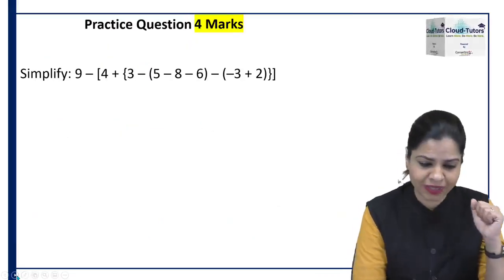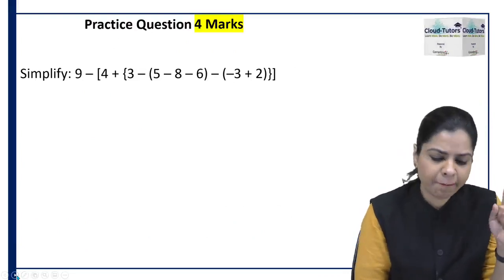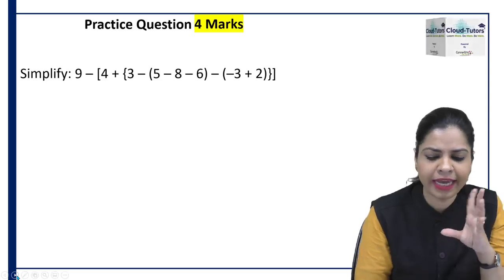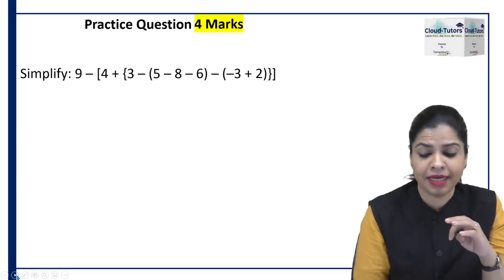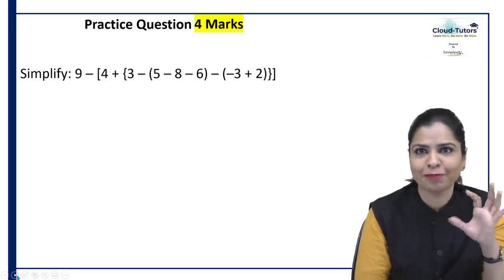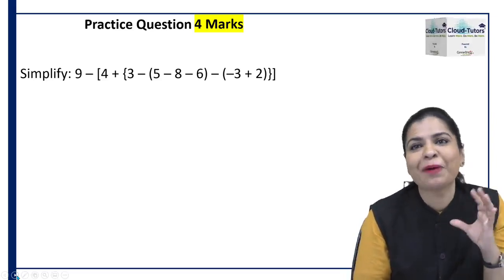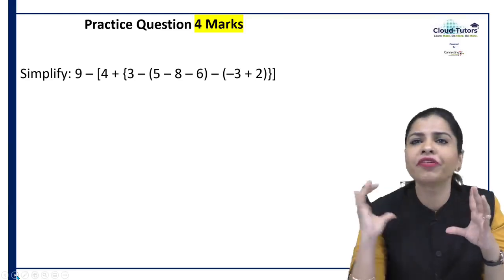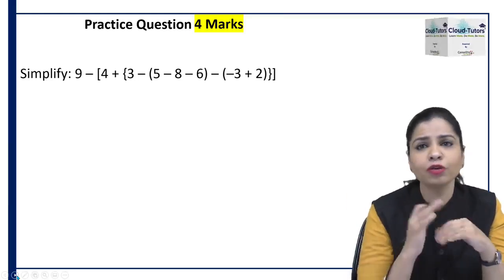Moving on to the next question. 9 minus 4 plus 3 minus 5 minus 8 minus 6 minus 3 plus 2. It's like a rap song now. Right, yeah. Coming back to the math. Here, you can see there are usage of different brackets. How do you simplify?